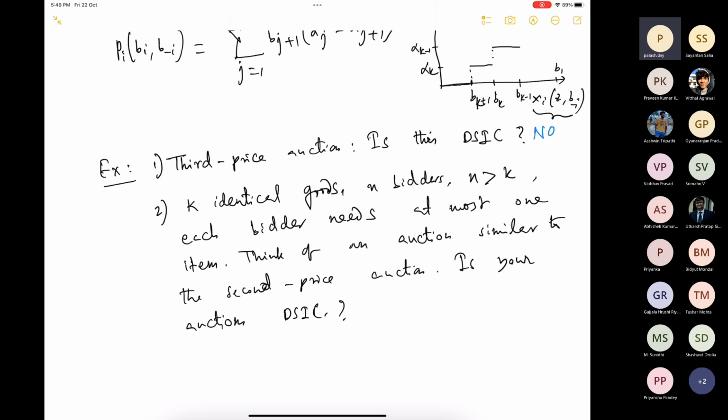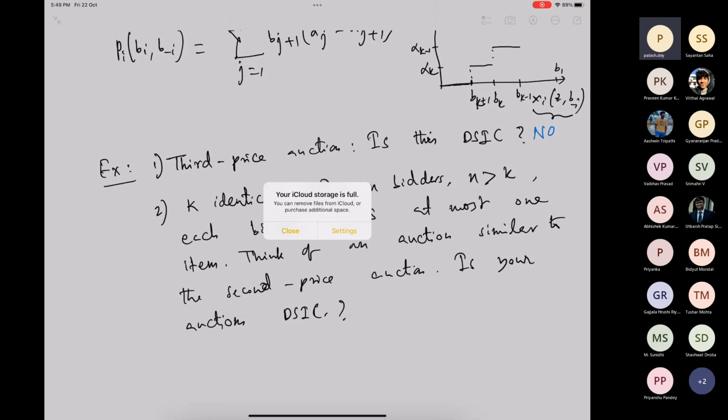In both second price auction and third price auction, the losers pay zero. If losers pay zero, then the payment rule that makes a certain allocation rule dominant strategy incentive compatible is unique, and hence the third price auction is not dominant strategy incentive compatible. Please unmute and ask if this is not clear.